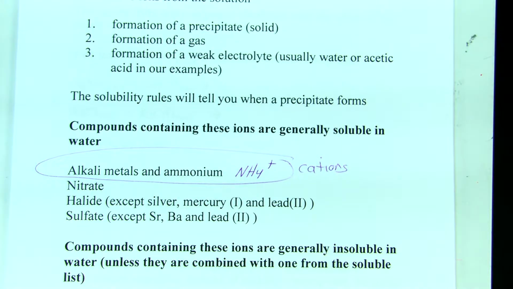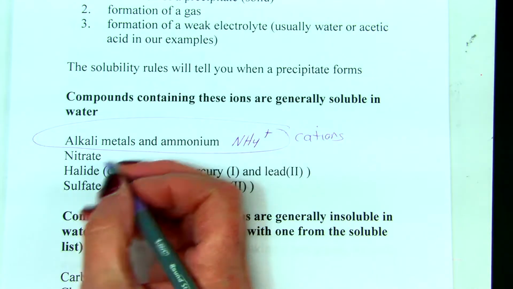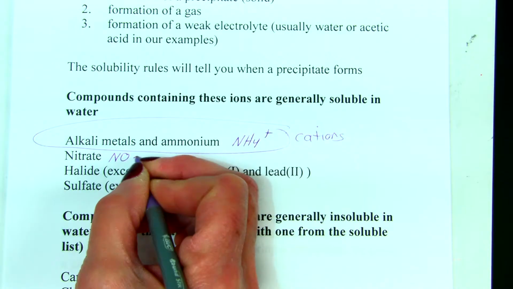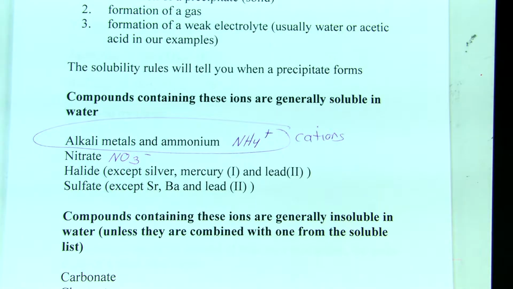The rest of these are anions. So if you have a particular cation that you want to get into solution, an iron ion or whatever, then you hook it up with one of these. The nitrate ion, NO3-. The halides, what are the halides? Halides are halogens. They're the halogen ions.